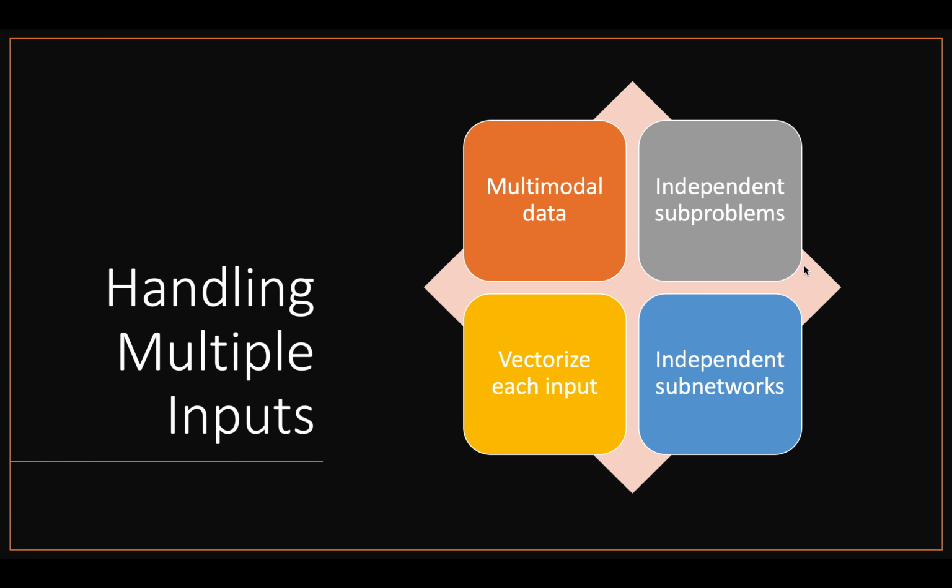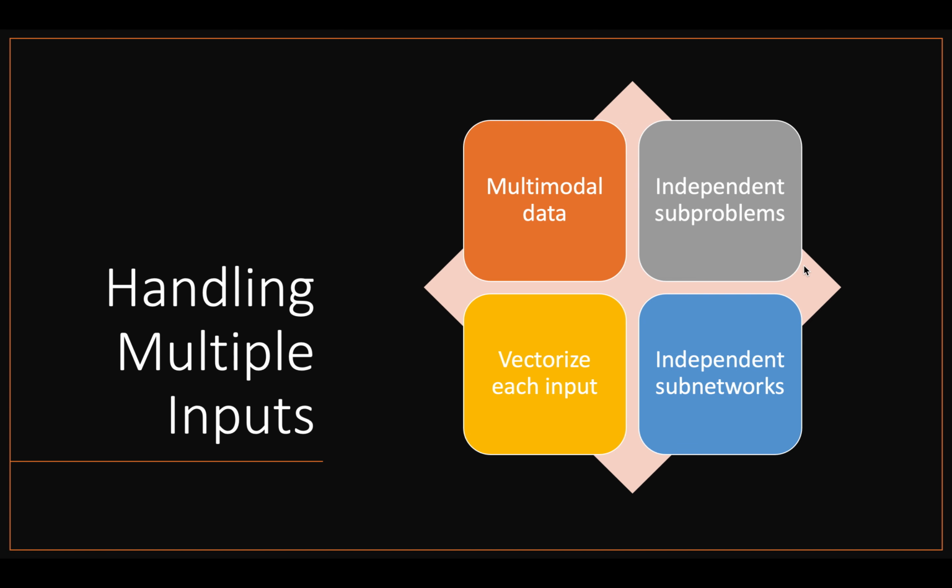Okay, so another thing that I want to discuss is handling multiple inputs and outputs. Often in practice you work with multimodal data, and by that I mean your example could be an image and text and the binary output together. That binary output could indicate whether the text describes this image or not. It is hard to adapt shallow learning algorithms to work with multimodal data.